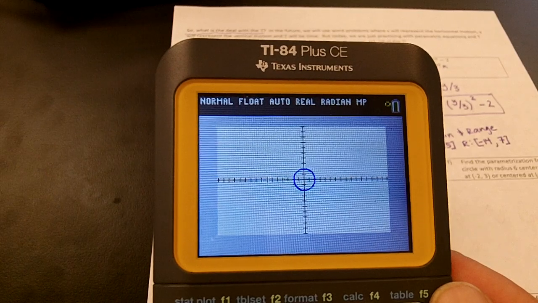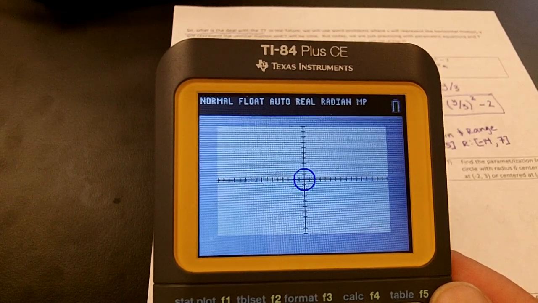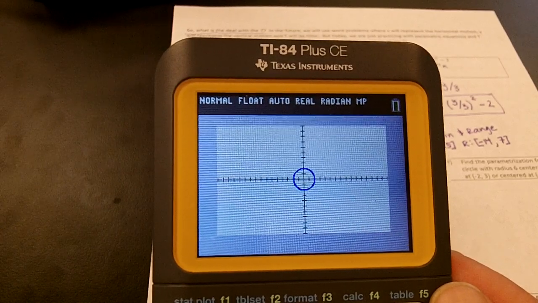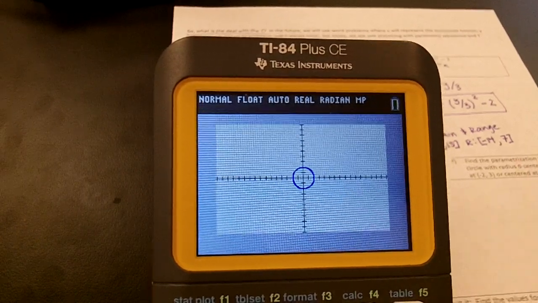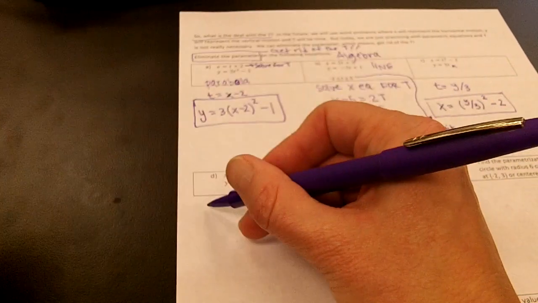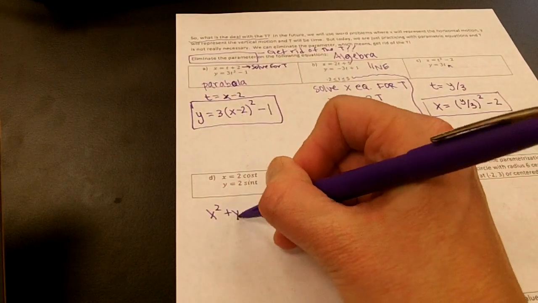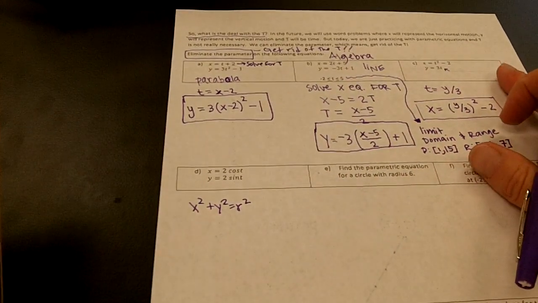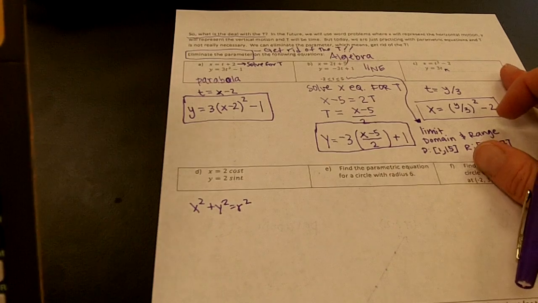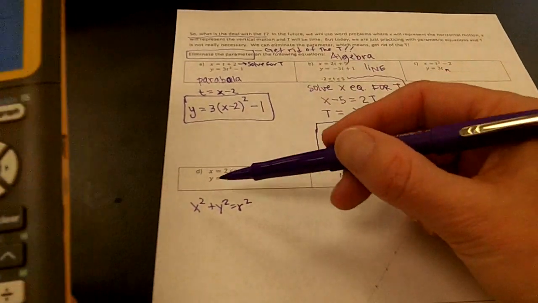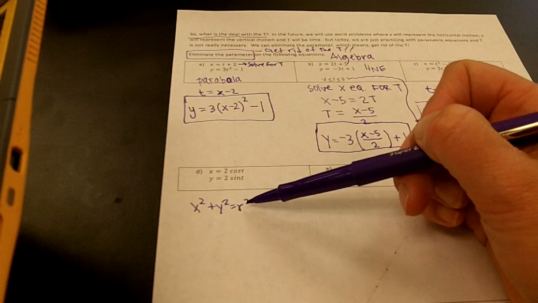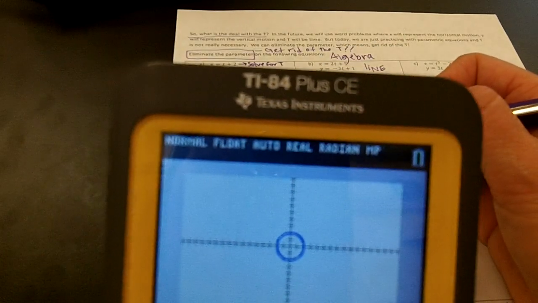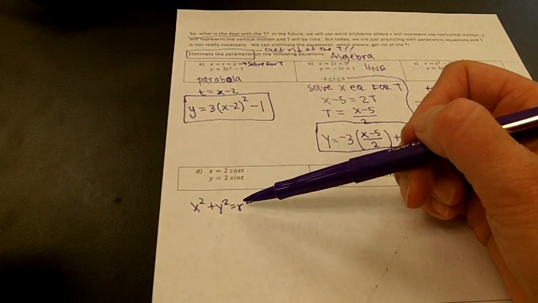Whoa. Oh my gosh, it's a circle. Oh, good thing Ms. Kreppel spent so long last week reminding us that equations of circles look like this: x squared plus y squared equals r squared. So remember, if you have this, that means this circle is centered at the origin, which this one is, and you have to square the radius.